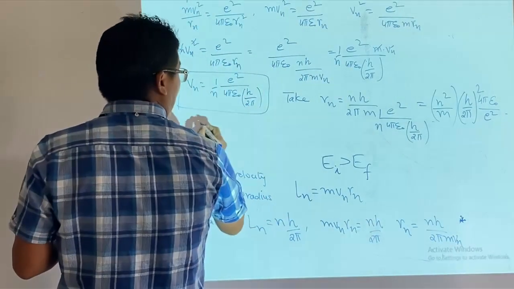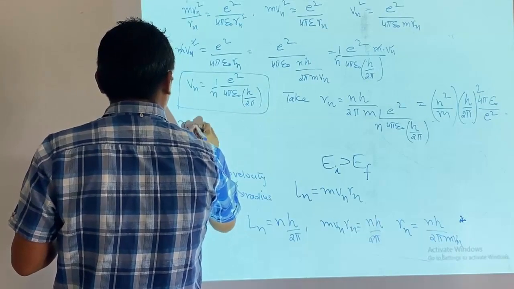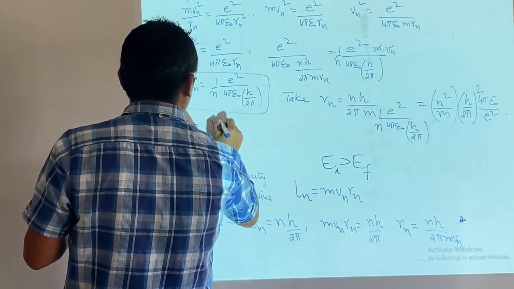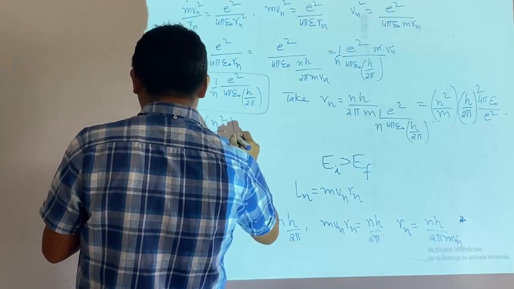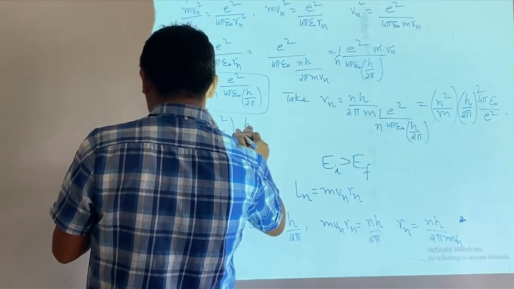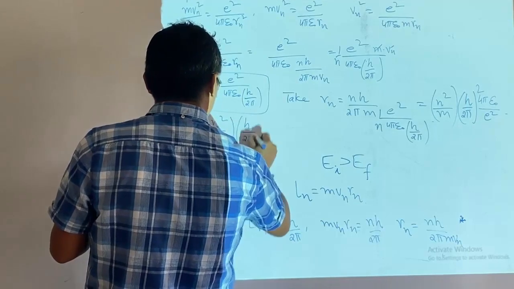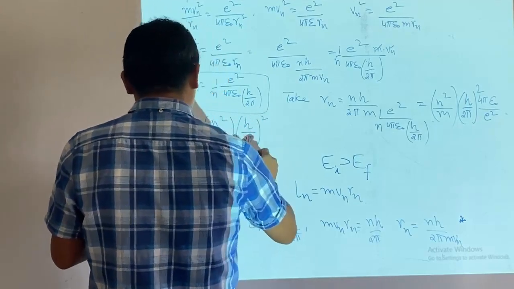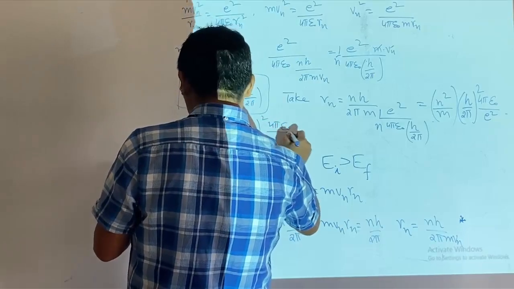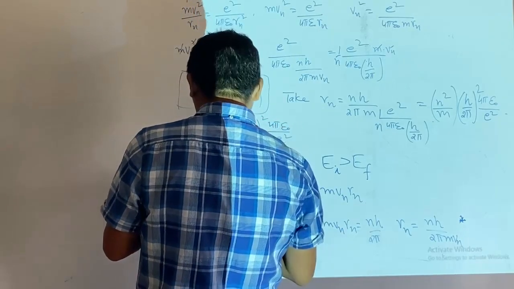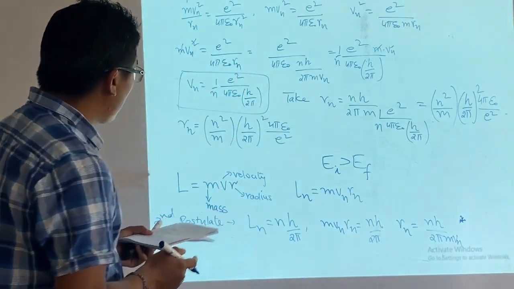So now I'll write it here. The value of Rn is equal to n square divided by m, and then h divided by 2 pi whole squared, and 4 pi epsilon naught e square. So this is the value of Rn.